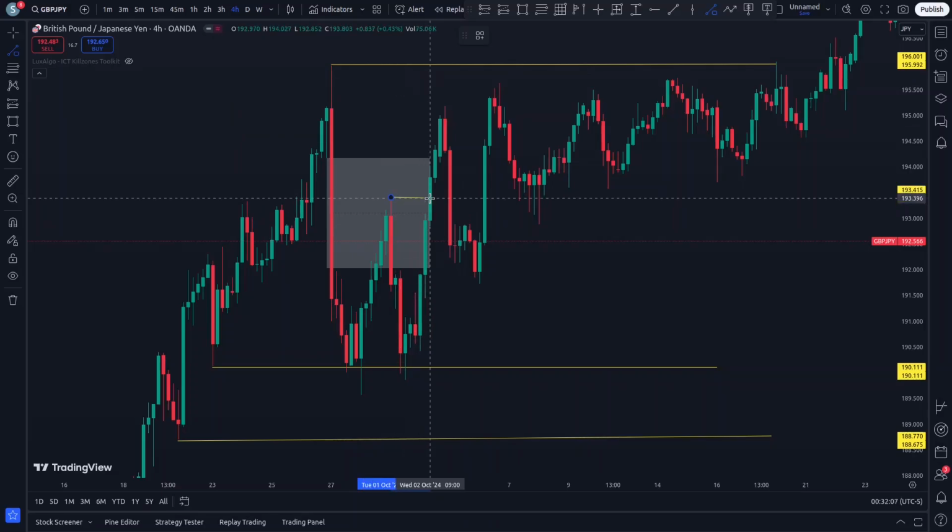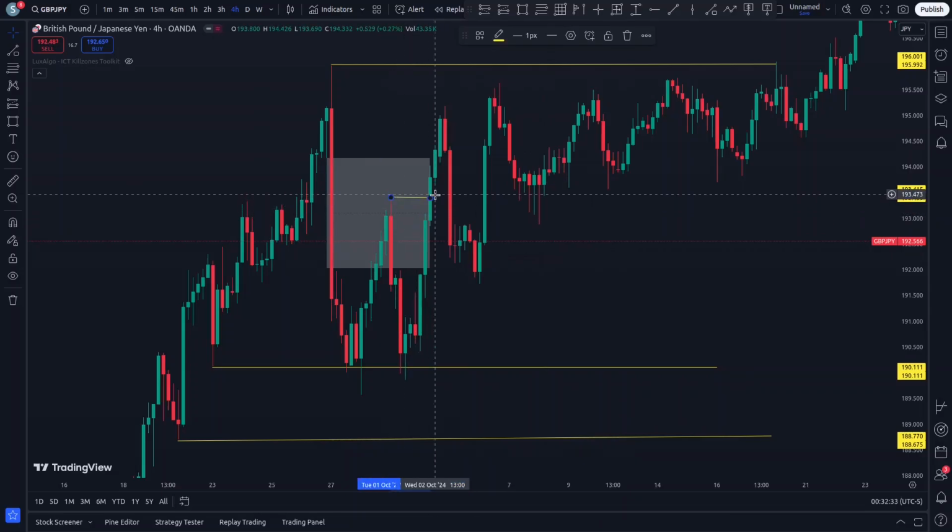Price engineered another liquidity here, creating a high inside this structure. Remember, this is our main structure here. This is our price range. We are in a bullish trend, but this is a price range. Price is trading inside this range.